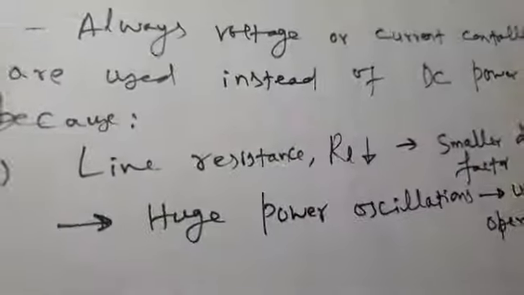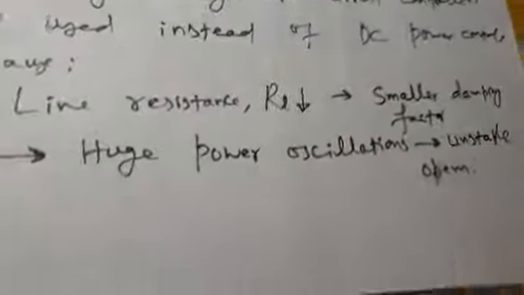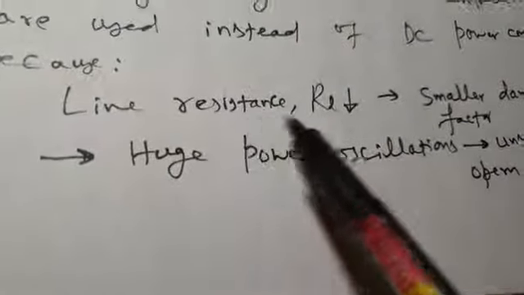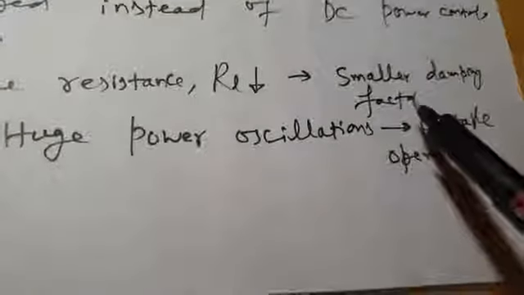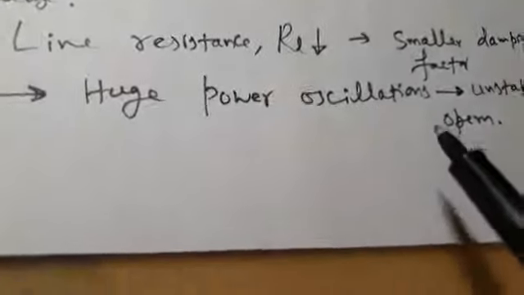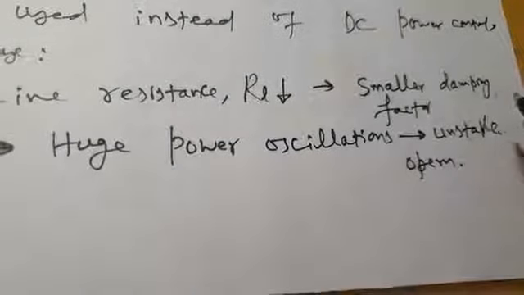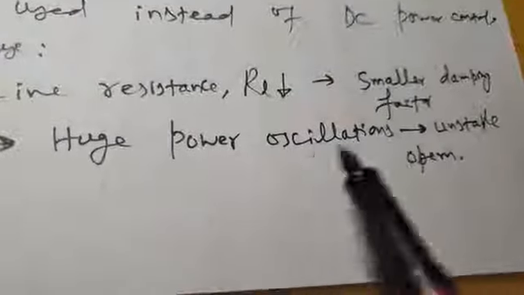I will write here unstable operation. So I repeat, if instead of current control or voltage control, you go for power control, it will result in unstable operation. Why? Because transmission line resistance RL is very, very small. That means the line has a very small damping factor, and whenever you want power flow control of the HVDC link, there will always be huge power oscillations.